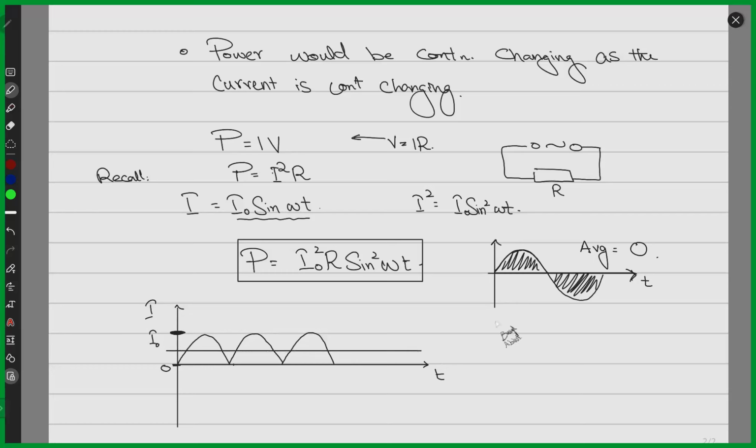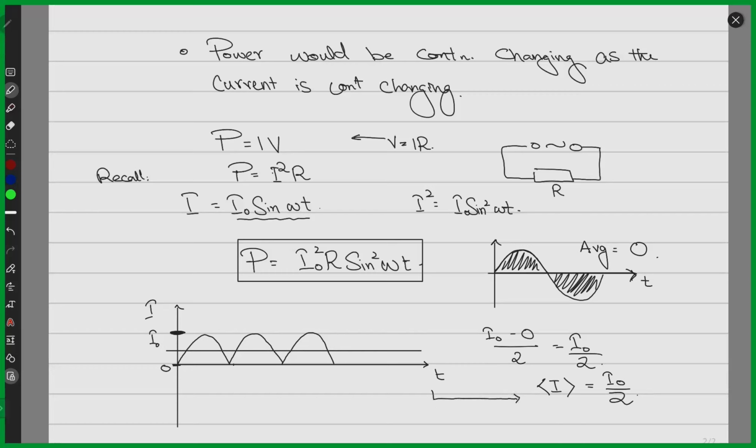Because as you know, average value is taking two values, maximum and minimum, and then dividing by 2. The maximum over here is I naught, minimum is 0. So we divide by 2. So this is I naught by 2, which is the average current, sometimes written like this. This means that it's the average value of the current, which would be I naught by 2 in this example.